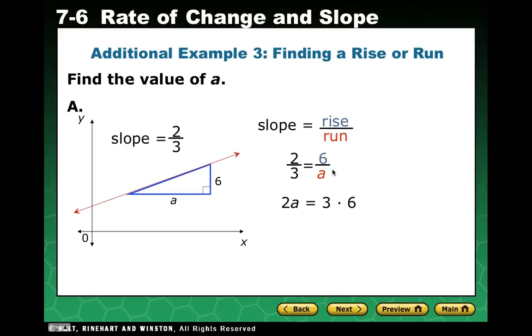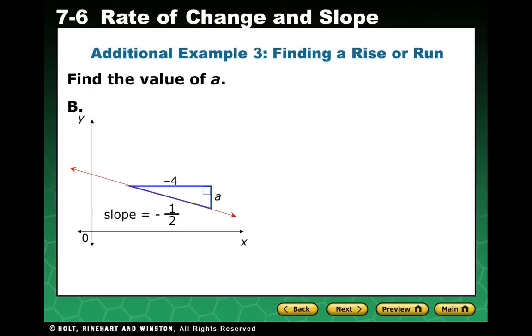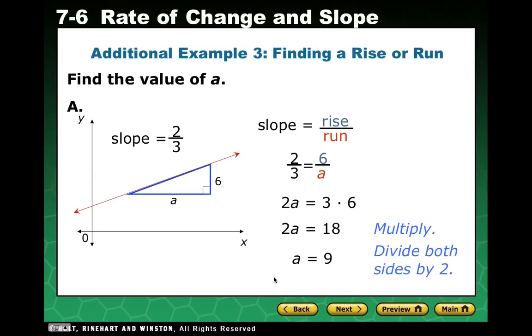We can set up a proportion and cross multiply 2 times A and 3 times 6. So we get 2A is 18, which means A is 9. Sorry, I went through that pretty quickly. So A is 9 here.